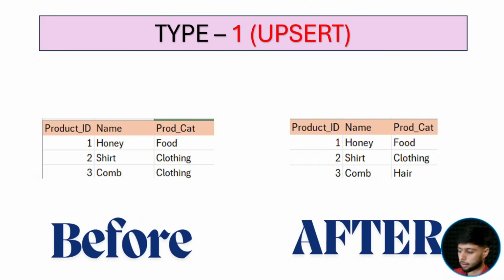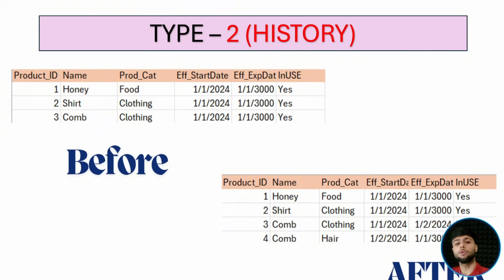But in some scenarios, companies or organizations need to preserve the history of the changes as well. In some business use cases, teams and departments, let's say the finance team, need to identify what the previous record was. They need to look at the history.